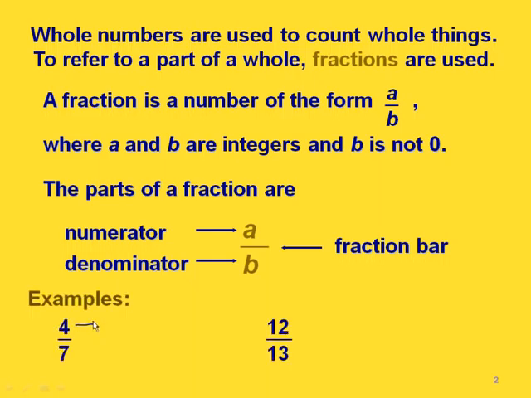If we have the fraction 4/7, then the 4 would be our numerator, and the 7 would be our denominator. In this fraction over here, the 12, since it's on the top of the fraction bar, is the numerator, and the 13, since it's under the fraction bar, is the denominator.